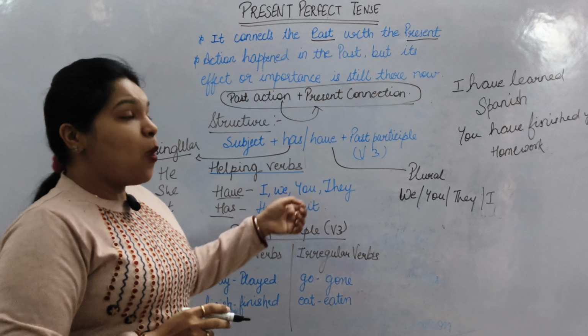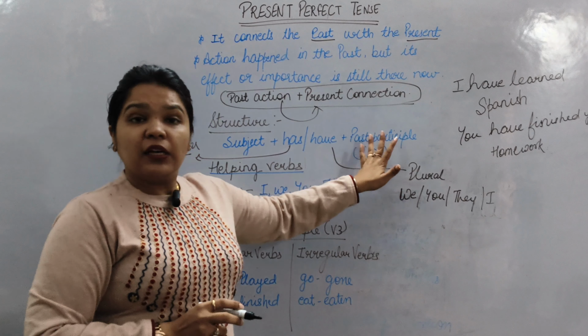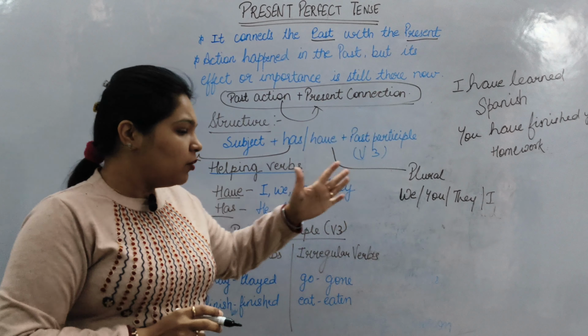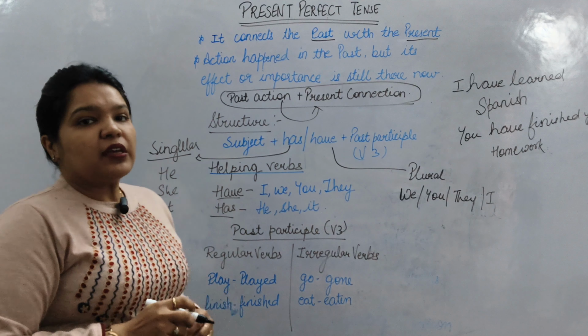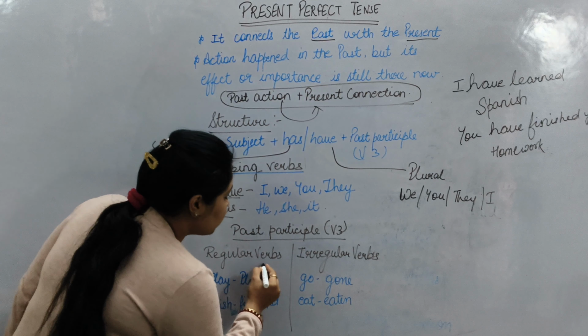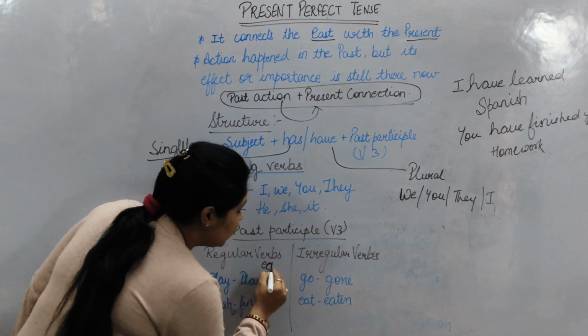Now past participle, I was talking about the verb third form. Now what is the verb third form? We have regular verbs and irregular verbs. We already know regular verbs. In this verb we generally add ed at the end of the word. Like play, we add ed. Played, it becomes the verb third form.